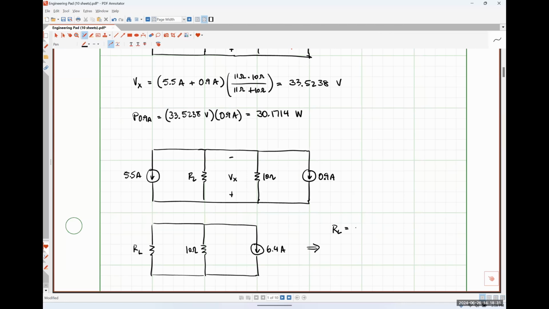our load resistance needs to be 10 ohms in order for maximum power to be transferred. And then our maximum power is just going to be 1/4 times 6.4 amps quantity squared times 10 ohms, which, let's see, 0.25 times 6.4 squared times 10 gives me a power of 102.4 watts, which is correct.